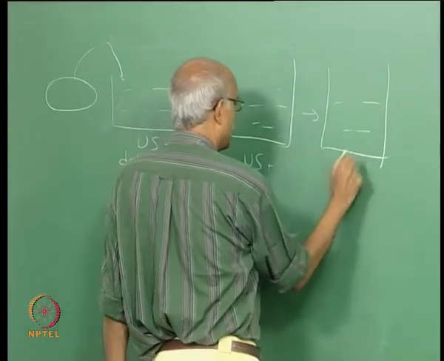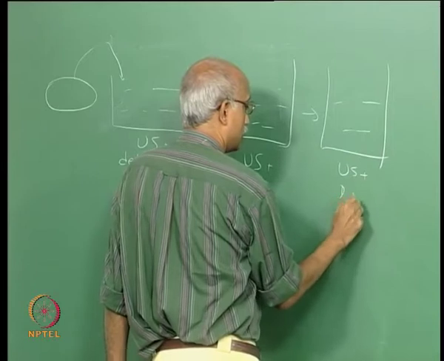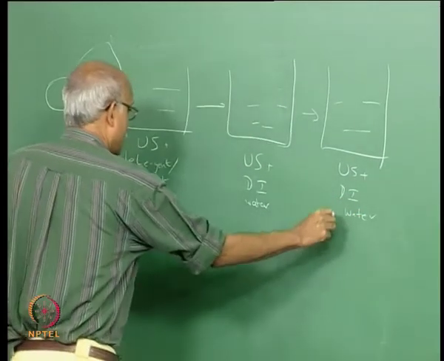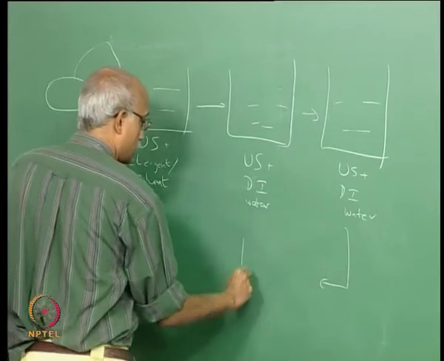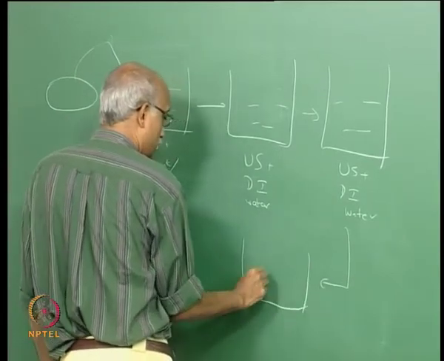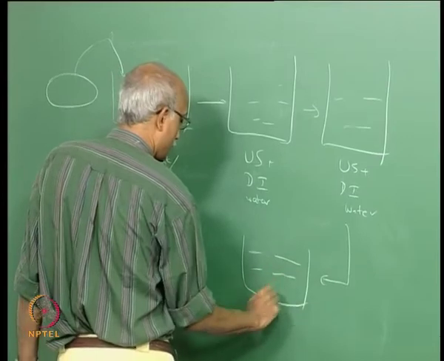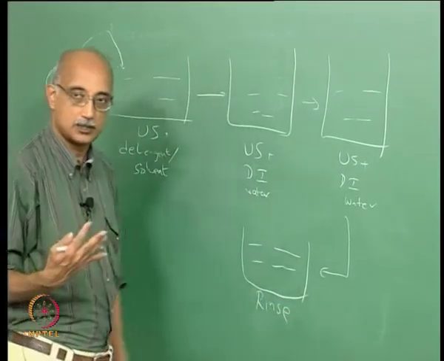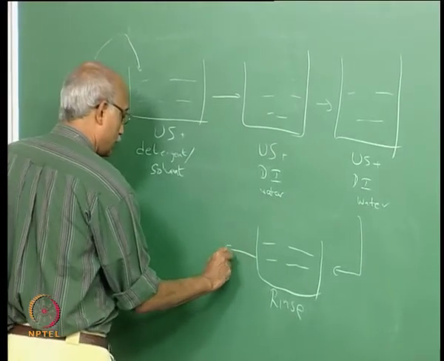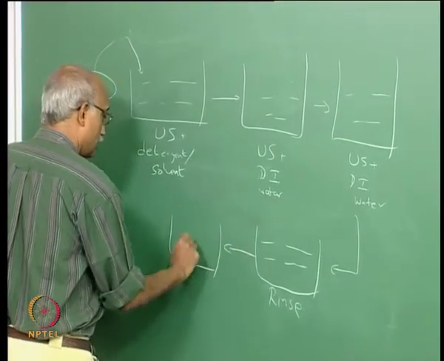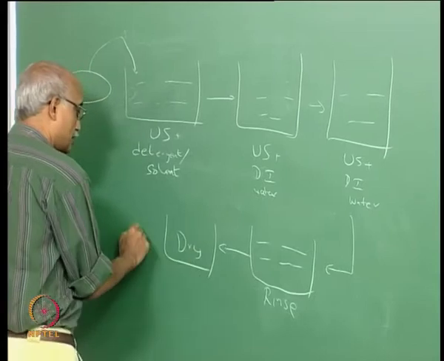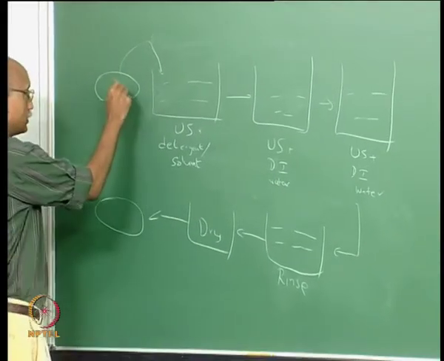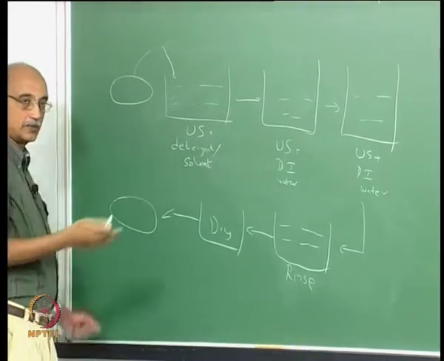So this again would be ultrasonics plus DI water, and this may then go into another stage of rinsing without ultrasonics, just overflow rinsing or spray rinsing or something like that, and then you will go through one or more stages of drying until you recover the wafer which previously was contaminated.